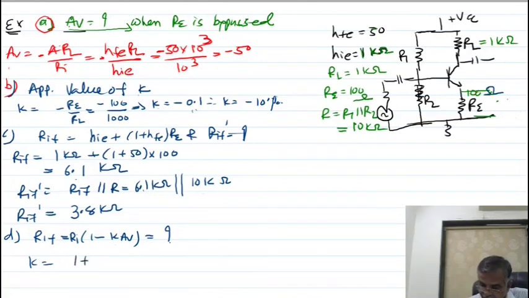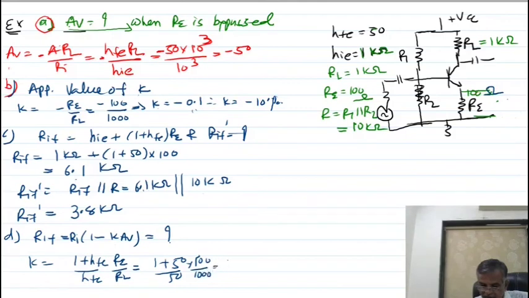You must remember this equation. If I use the exact value of K, 1 plus 50 upon 50 into 100 upon 1000, you will get 0.102.